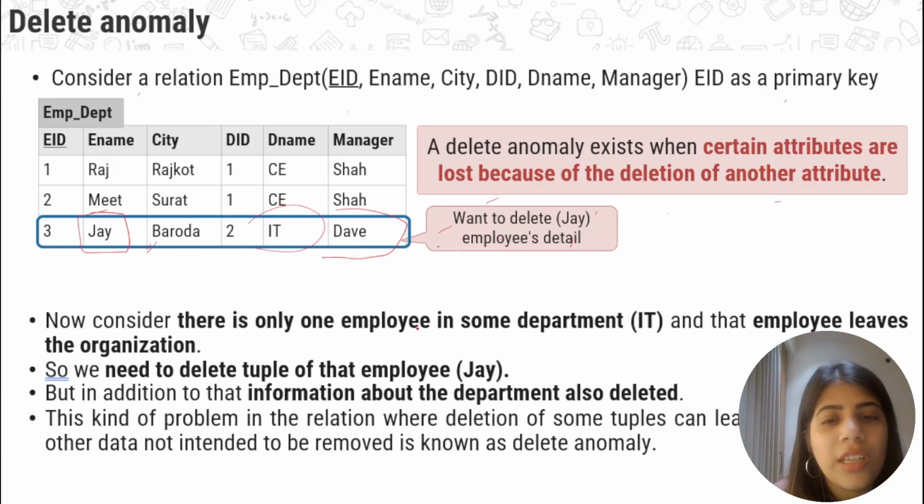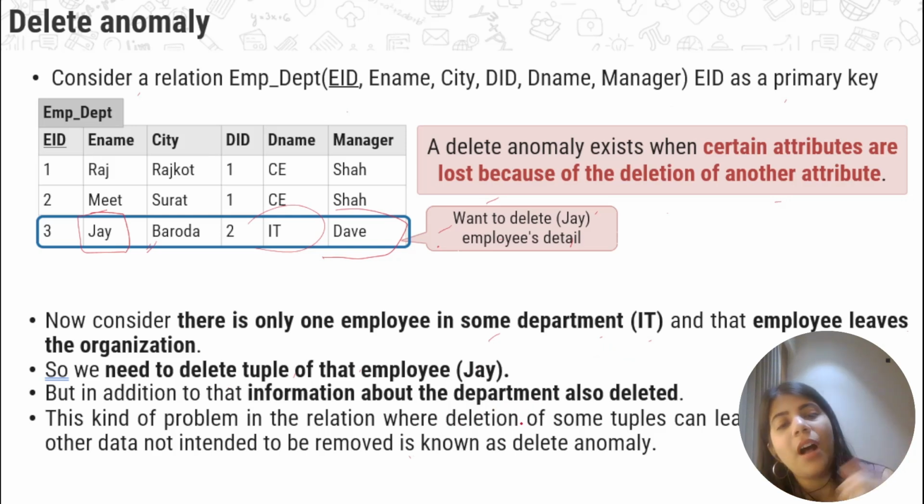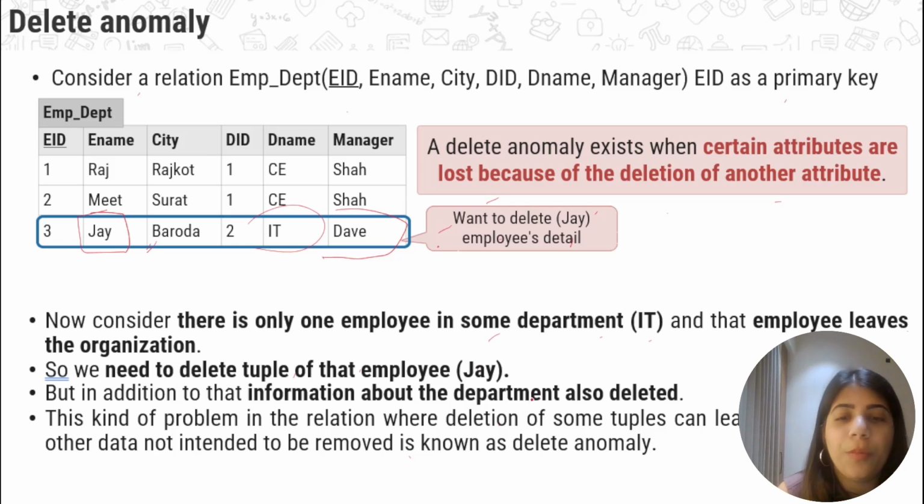Now consider there is only one employee in some department, the IT department, and that employee leaves the organization. So we need to delete the tuple of that employee, but in addition to that, information about the department is also deleted. This kind of problem in the relation, where deletion of some tuples can lead to loss of other data which is not intended to be removed, is known as delete anomaly.